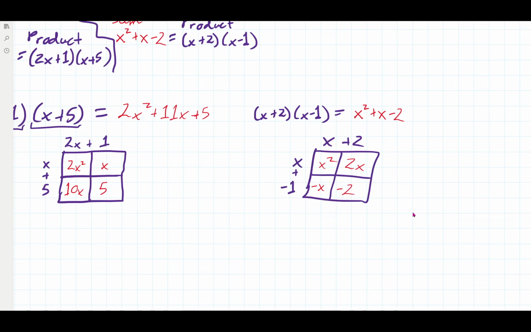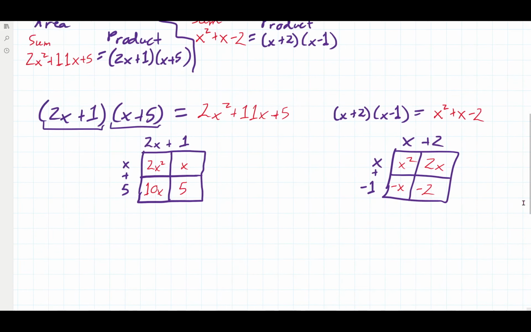Okay. There are a couple observations I want to make based on what we see here. There's two. So let's write in here observations. My first one is that we can see the x squared term and the constant term actually in the generic rectangle.